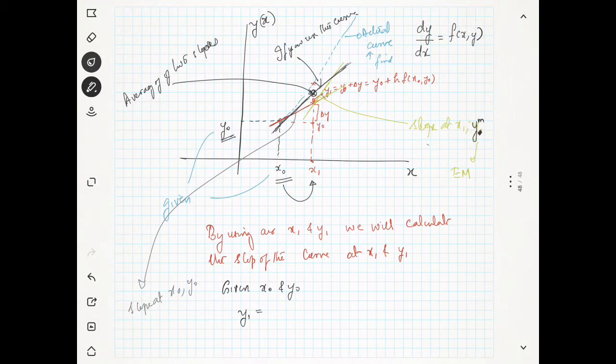How to find y1 using Euler's method? That you have already studied. y0 plus h into f of x0 y0. So this y1 we will call it as y1 of m.